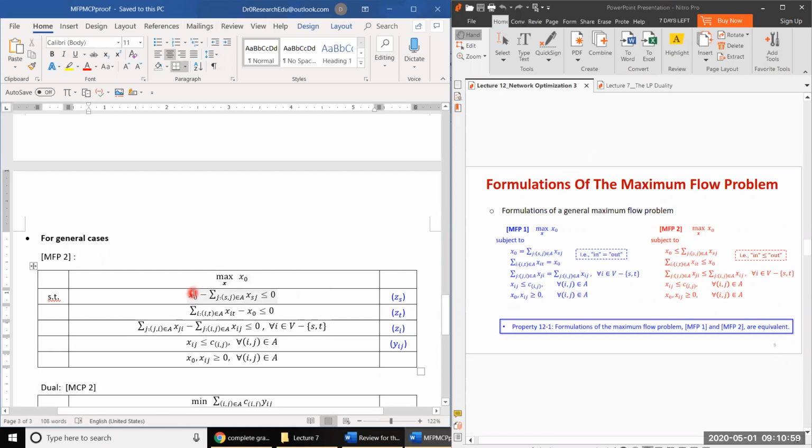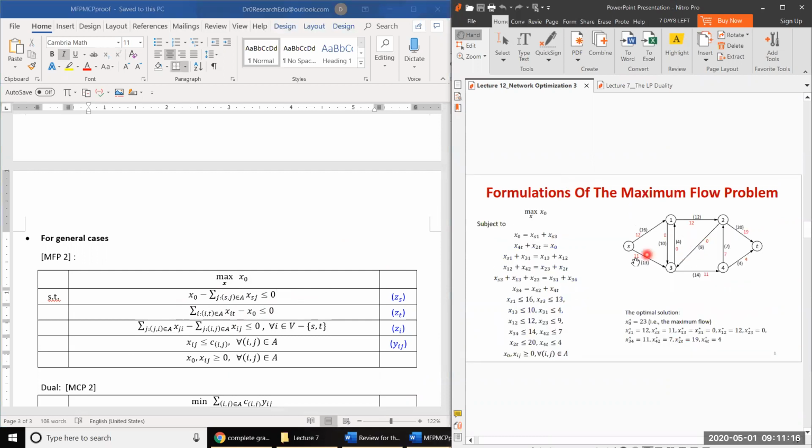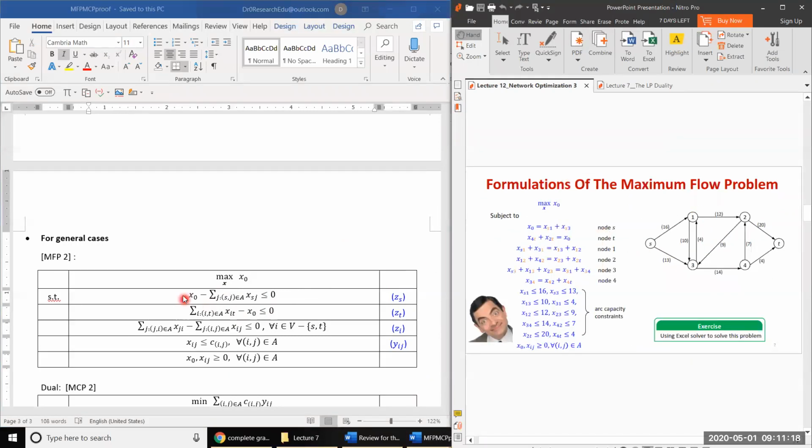First of all, I denote the constraint with respect to x_0 to be z_s. This is with respect to node S. Remember, what does this constraint mean? This constraint simply means the total entering is less than or equal to x_0. So this is related with node S. How about the second constraint?